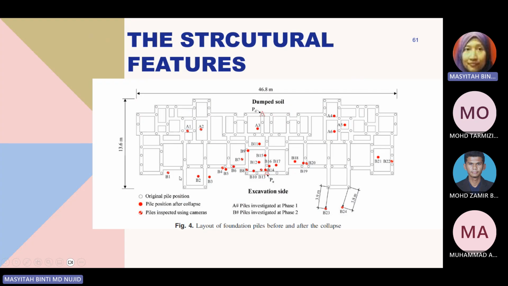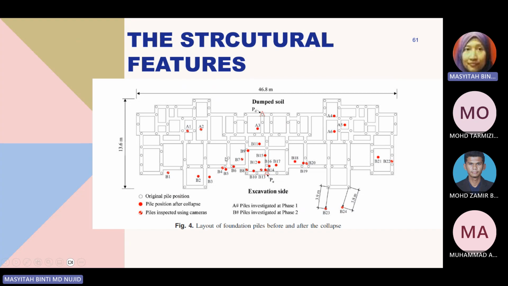Okay, Figure 4 shows the layout of foundation piles before and after the collapse. So we are focusing on the middle sections here because on the north of the collapsed building there was dumped soil, and on the south of the collapsed building there was an excavation site.